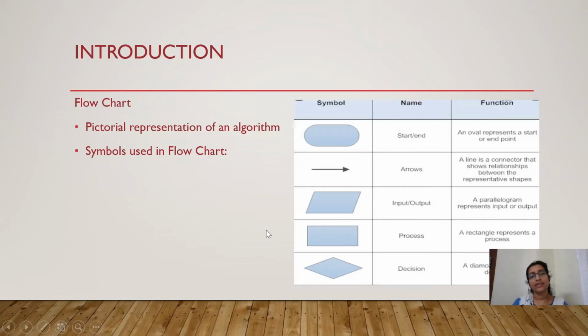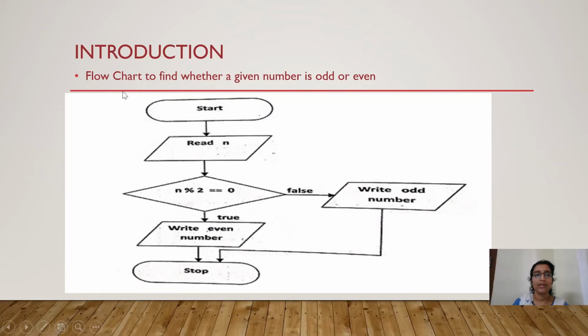Using these symbols, we can see an example of drawing a flowchart. Same example: a flowchart to find whether a given number is odd or even. Here, start and stop are written in the oval. First we have to input a number. There should be an input to the program, mainly input, processing and output.